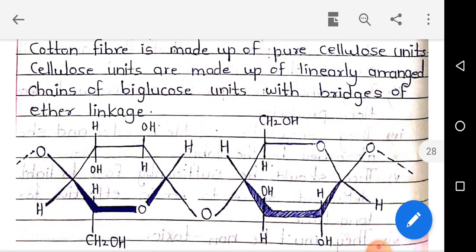One glucose molecule is considered as one R, another glucose molecule as another R. Two R groups attached to the oxygen, meaning ROR, is considered as the ether linkage. So this is the most important structure to study which types of brightening agents are useful for it.